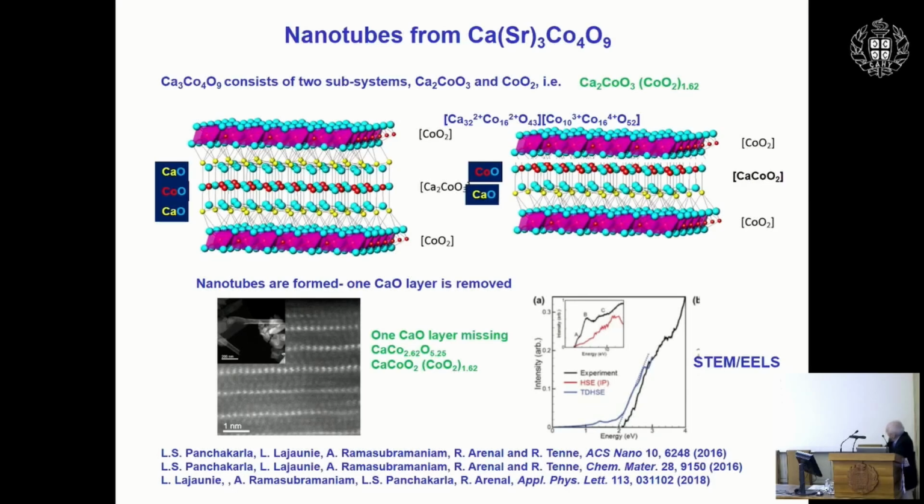I would just mention the work of the late Lila Panchakarla, a former postdoc of mine who passed away 2 years ago, and he produced beautiful tungsten, lanthanum oxide, calcium oxide, cobalt oxide misfit nanotubes, using a similar concept, hydrothermal reaction, and these nanotubes have very interesting physical effects.